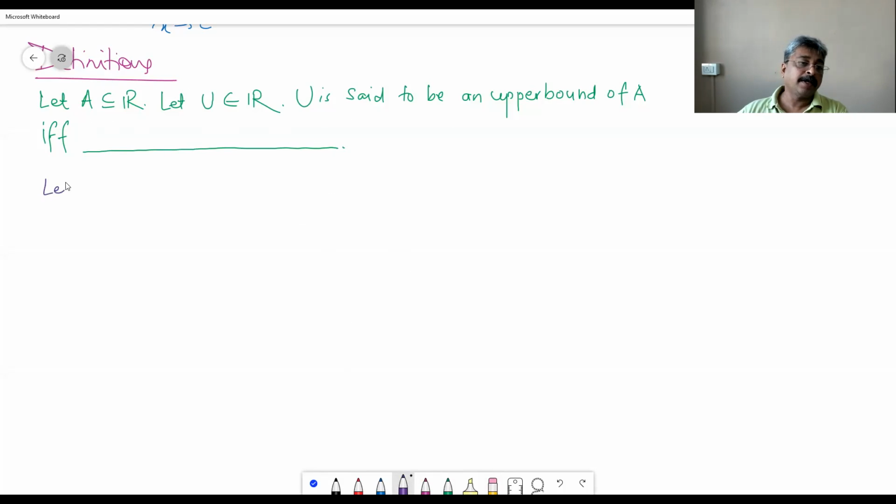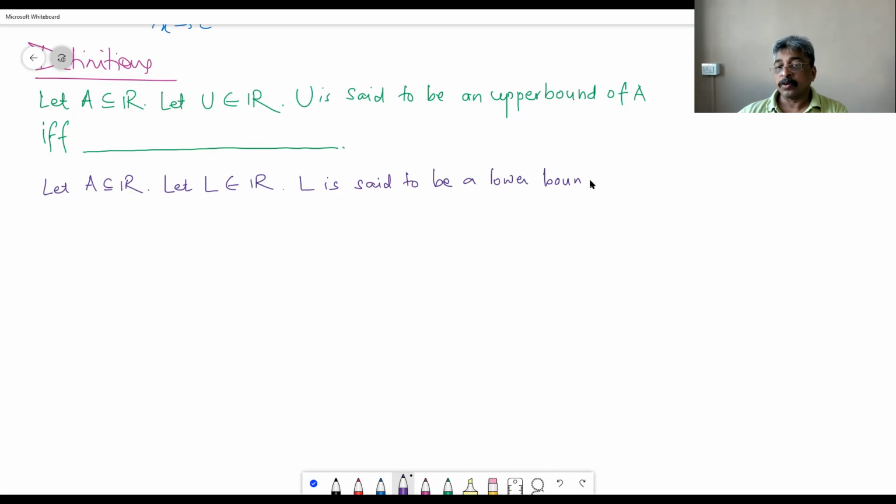Similarly, let A be a subset of R. Let L belong to R. L is said to be a lower bound if and only if... complete this statement also.